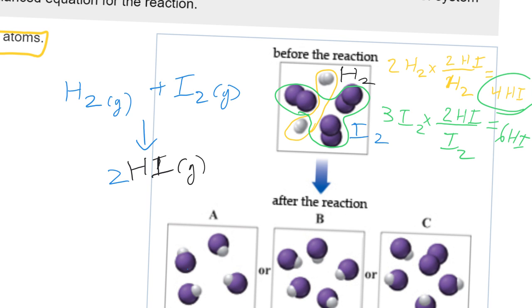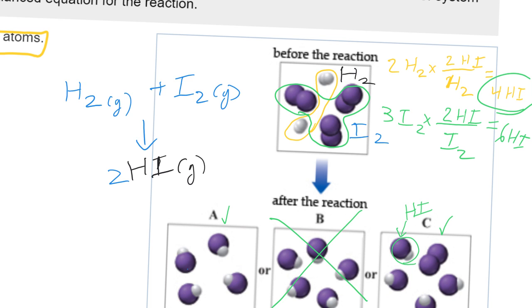So we come down to our pictures, and we see A has 4 hydrogen iodides, so it would be a potentially good picture. C has 4 hydrogen iodides, right? That's our hydrogen iodide. So it's still running as a valid response. B, however, has 5, so it's not valid.